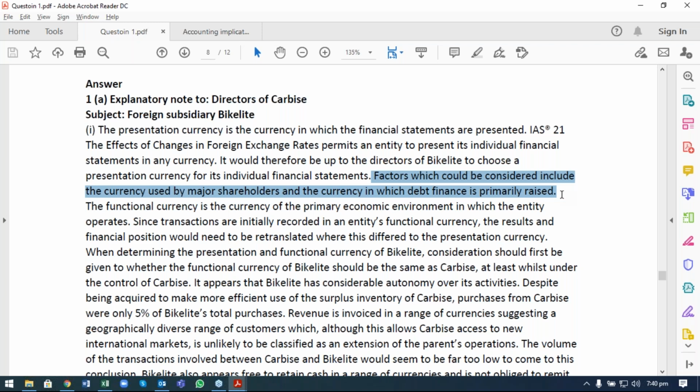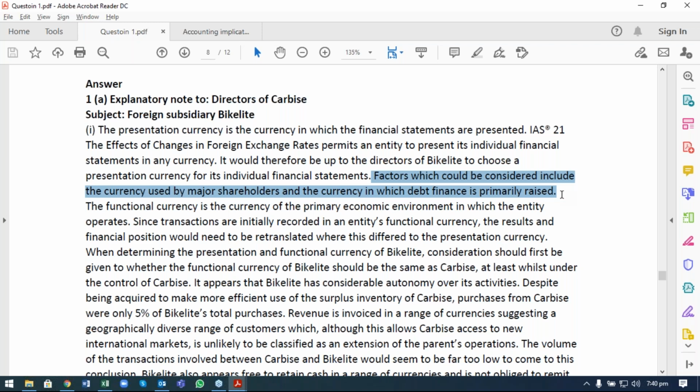For example, if I'm talking about the UK, if there is a company within the UK and the company is providing its financial statements in dollars, most of its shareholders won't understand the actual worth of this company, because most of the shareholders might not be able to find out what the exchange rate is at the date of financial statements, right? So they cannot ascertain the exact worth of the company.